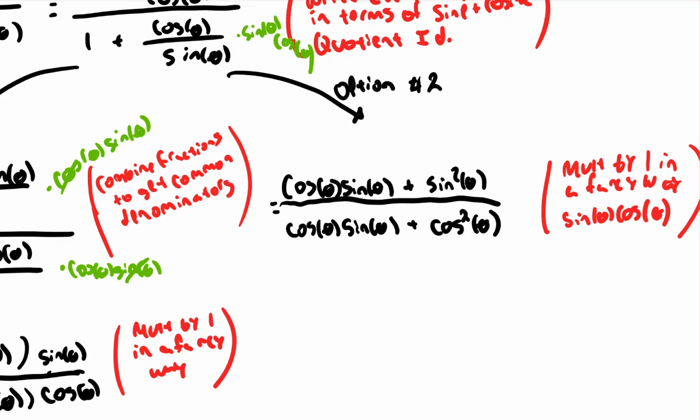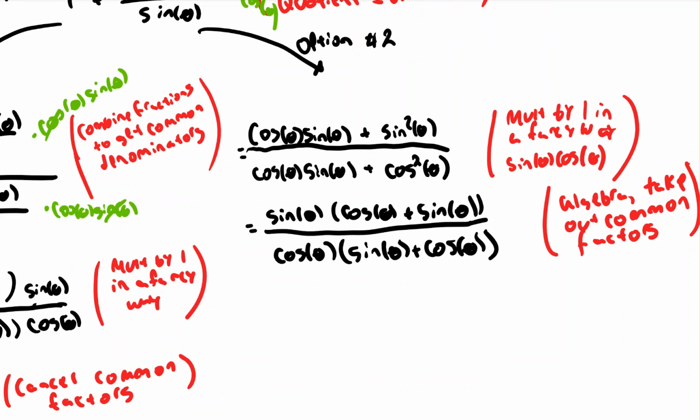So to not expand it, what I notice is there's sines in both those terms in the numerator, and cosines in both the terms in the denominator. So I'm going to see what happens when I factor those common things out. So when I've done that here, I now have a sine theta and a cosine theta hanging out by themselves. But again, I have this cosine theta plus sine of theta factor in the numerator and a sine of theta plus cosine theta in the denominator.